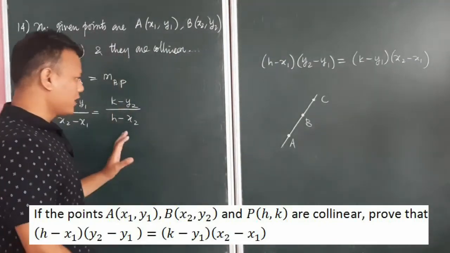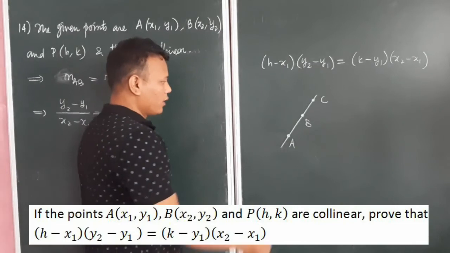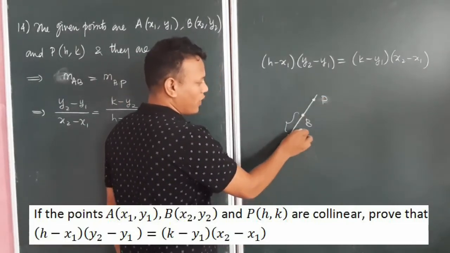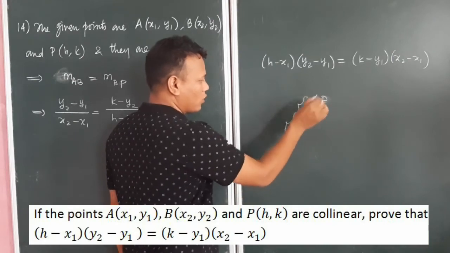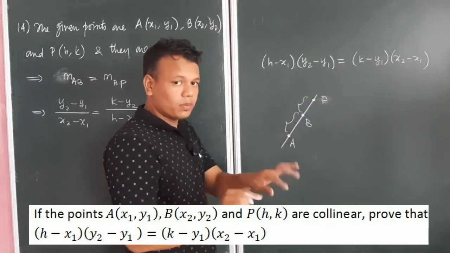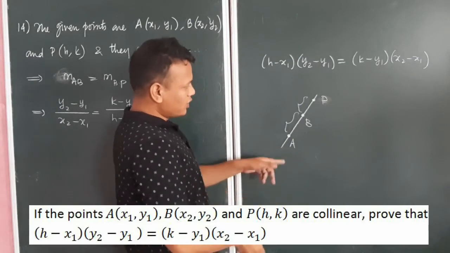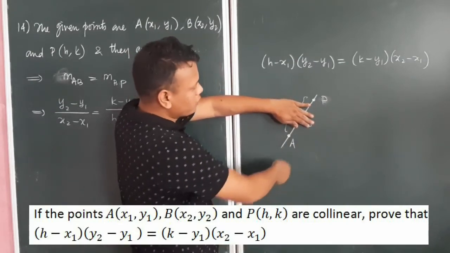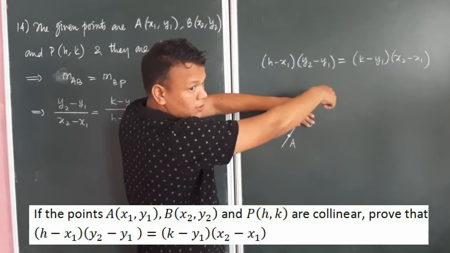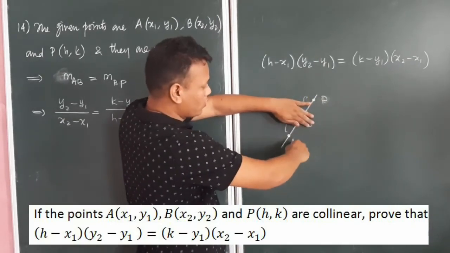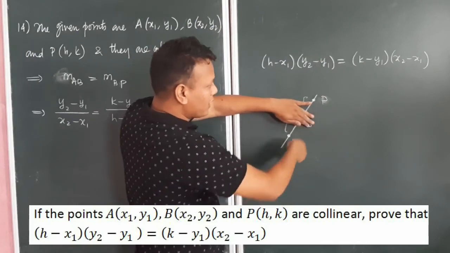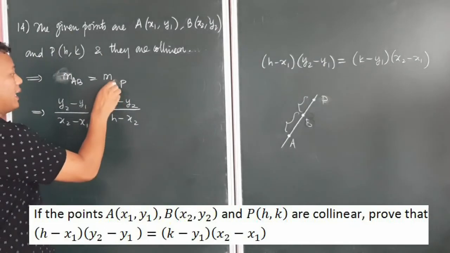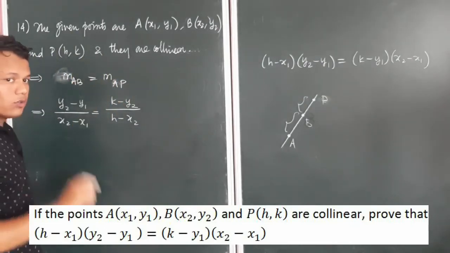So that's why I am going to show you one more thing. Here we said that this is my P, right? Slope of AB and slope of BP are going to be the same. But instead of B, if I use A and P, again I will get the slope of the same straight line, isn't it? Are you understanding? So I am using A and P, but still I will get the slope of the same line. So that's why here instead of BP I am going to write AP.